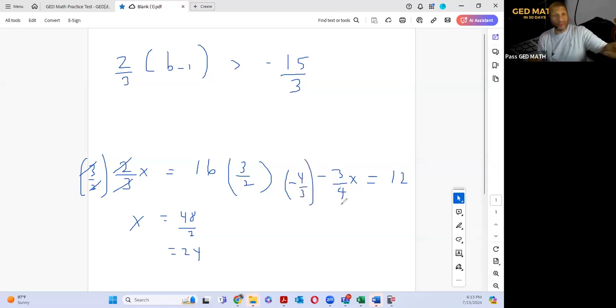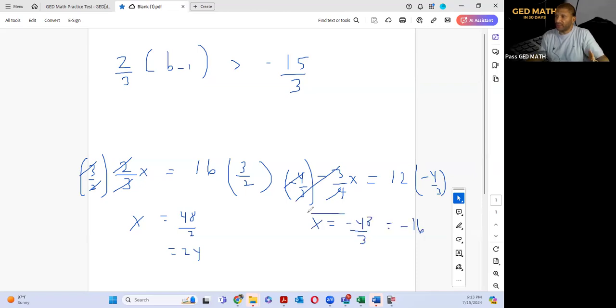Still the reciprocal, but two negatives make a positive. The 4's cancel, the 3's cancel, leaving x equals negative 48 over 3, which is negative 16. That's the first thing you have to remember, and a lot of educators don't teach it that way.